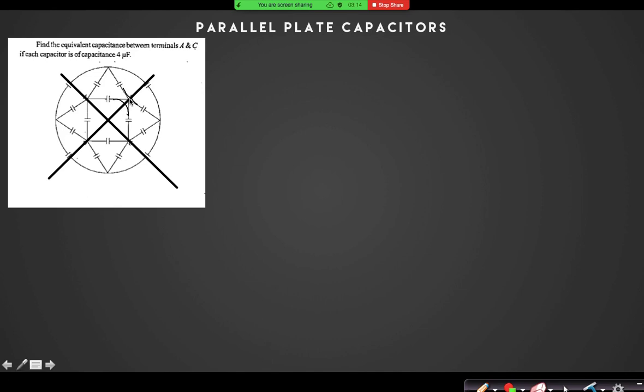Can I open these branches at this junction? Yes, right. So if I open those branches at this junction, then my circuit will be simplified like this. There is one capacitor here, one more capacitor here, right?